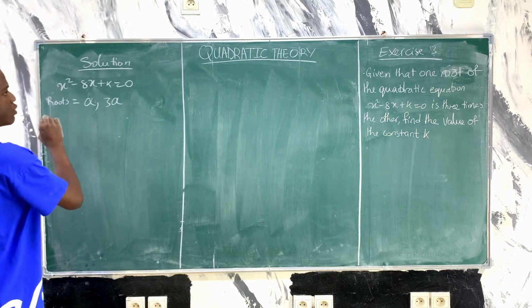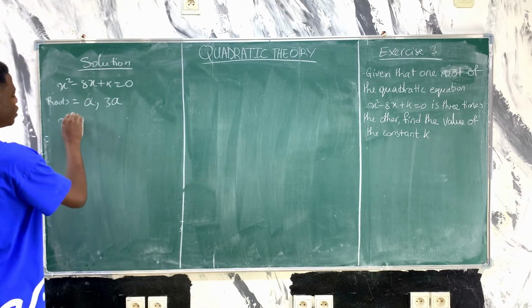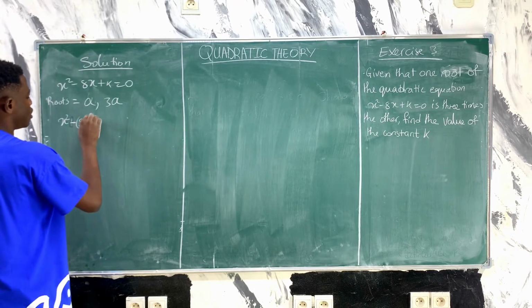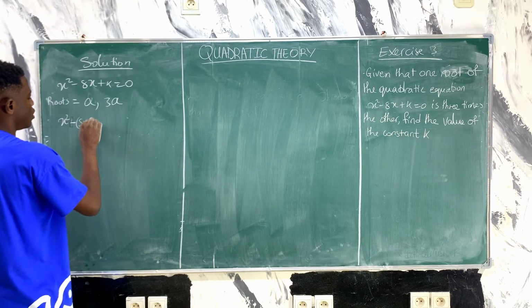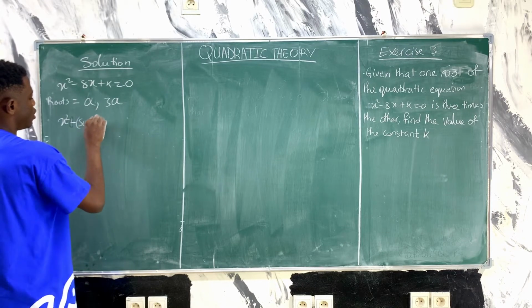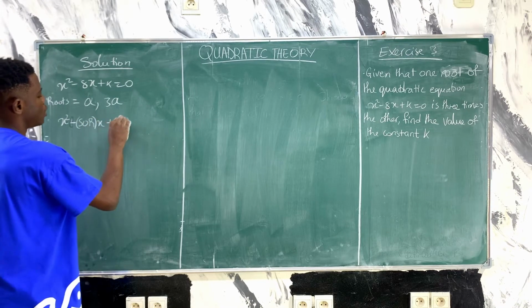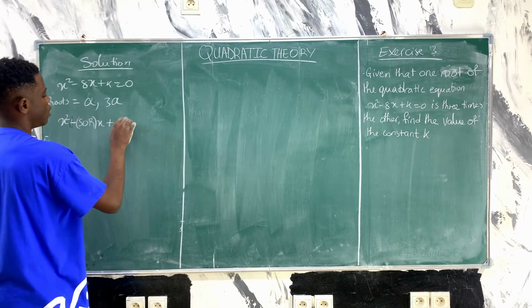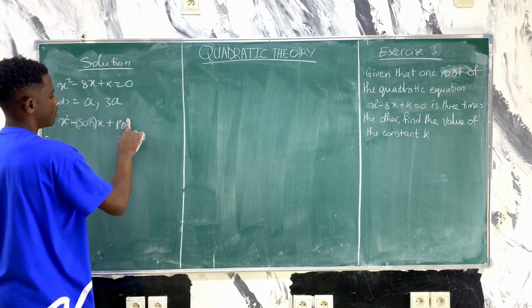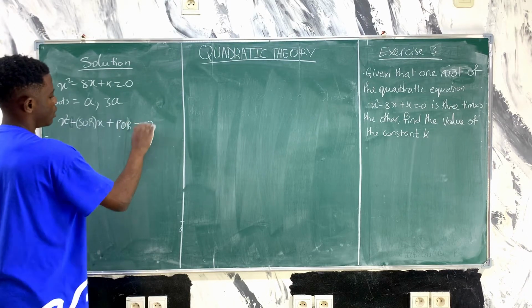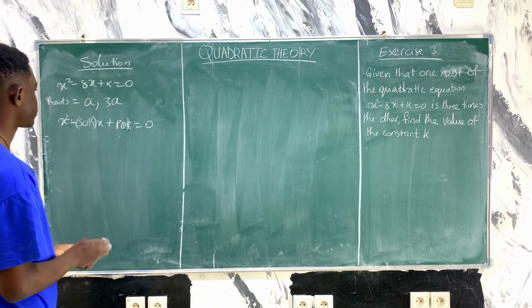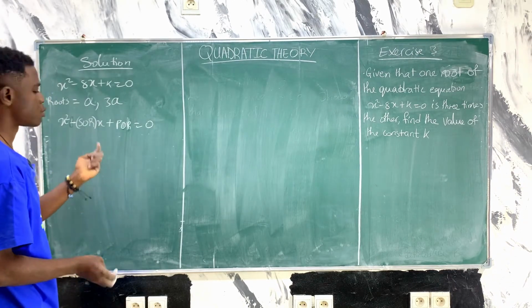It is x squared minus sum of roots x plus product of roots.